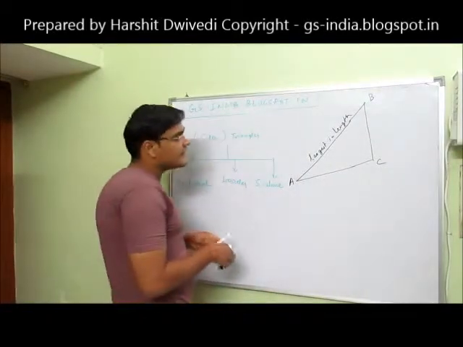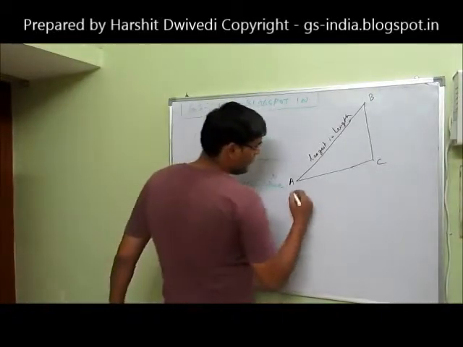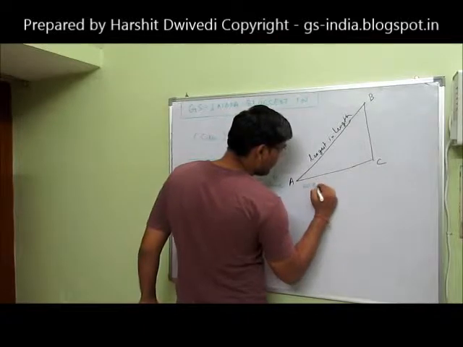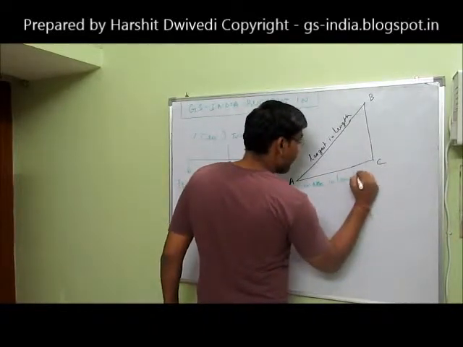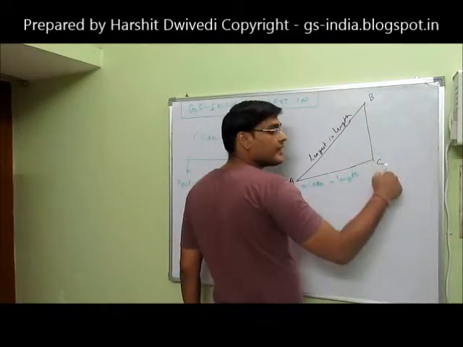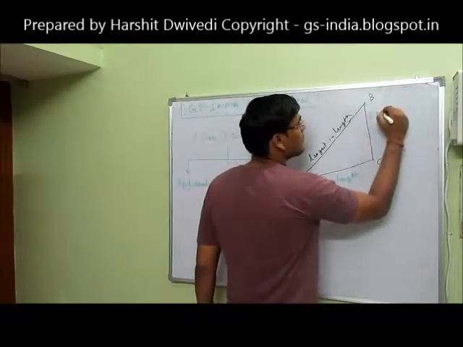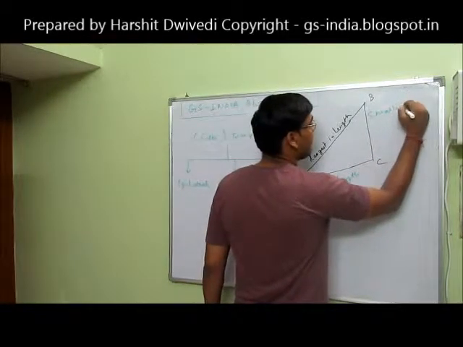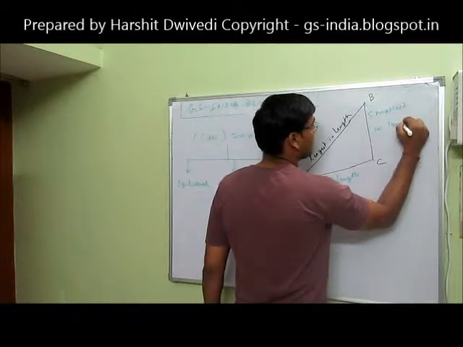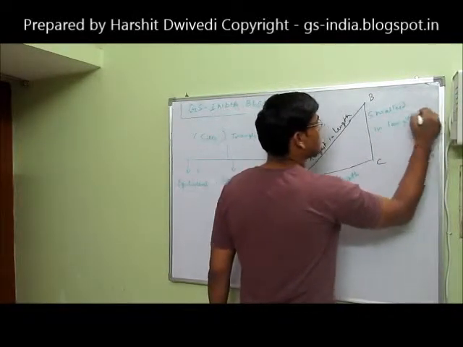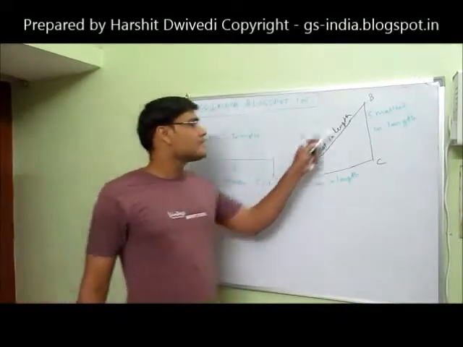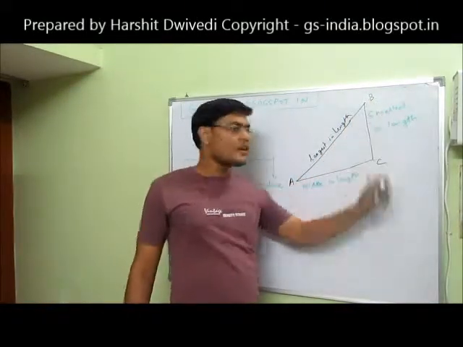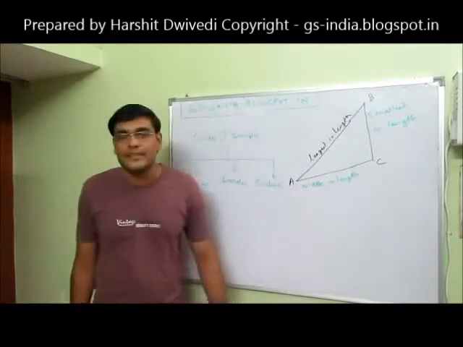After that, line AC is middle in length, and this line BC is the smallest. So AB is the largest, BC is the smallest, and AC is middle in length.